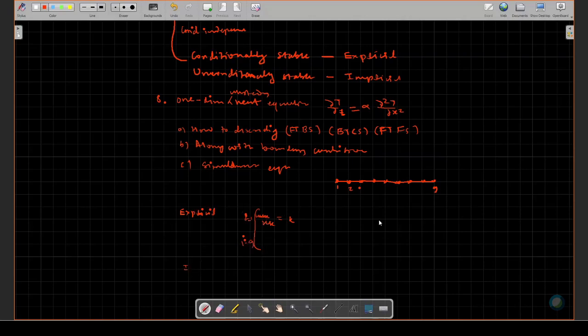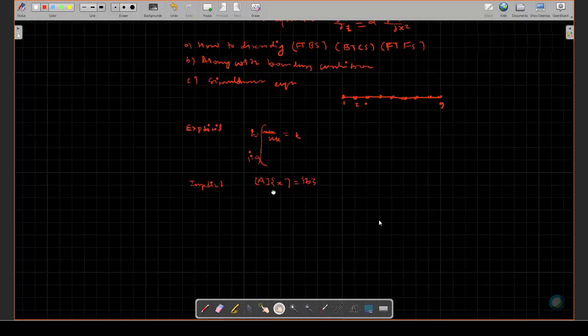But in case of implicit, we have seen that they become like a matrix, an Ax kind of matrix. Implicit schemes.